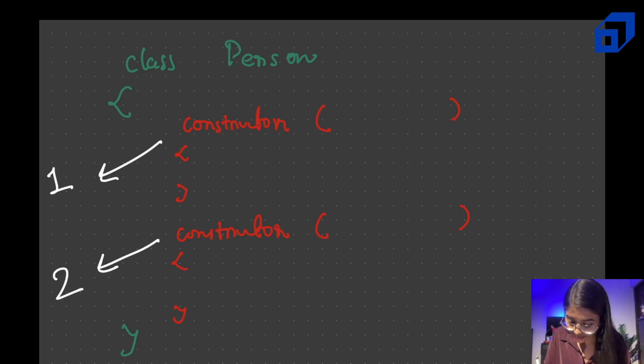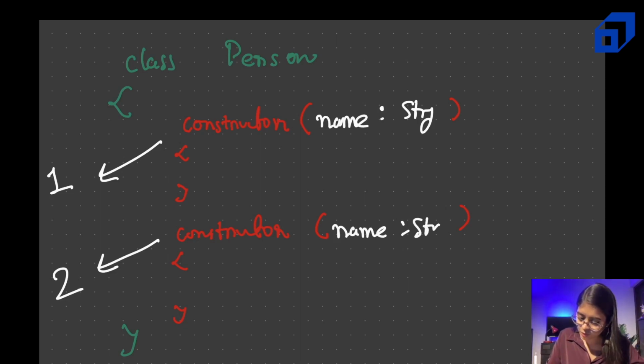Here I can have one parameter, name of type String, and I can also have one more, maybe age of type Int.